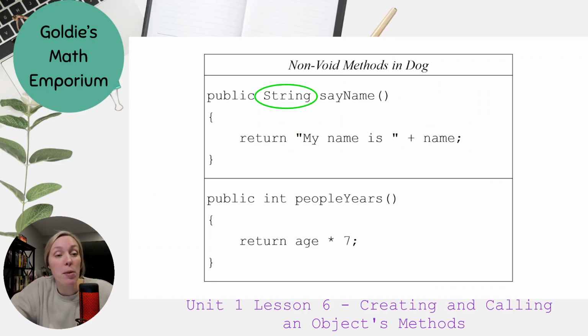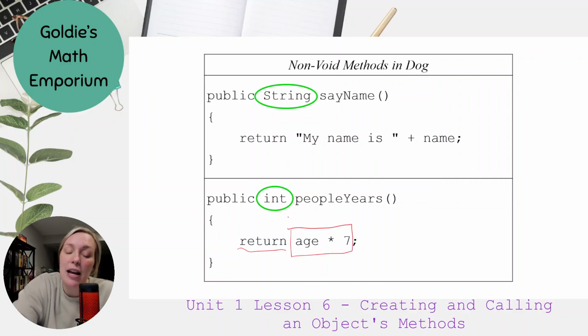Here's another example, public int peopleYears. Again, this is a non-void method. This one returns an integer. And what does it return? Again, you see the keyword. We use the same keyword every time, age times 7. This takes the age of your dog, whatever dog you are currently using, and multiplies it by 7 and returns that value.